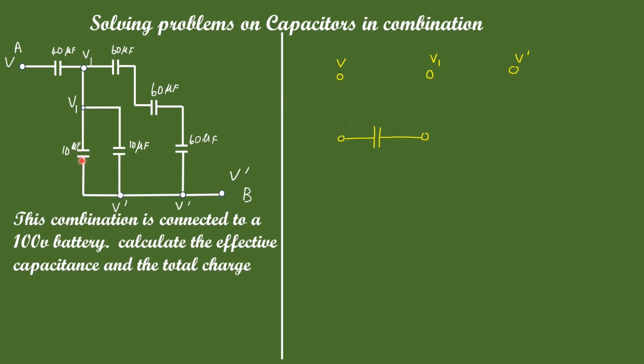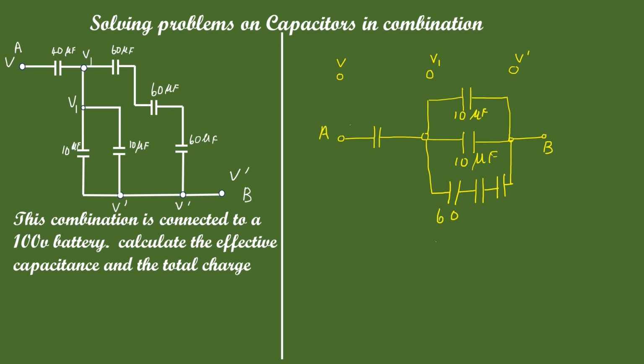We will first represent these two capacitors, 10 microfarad each. That is done now. See that? In the third path between V1 and V dash, there are three capacitors of capacitance 60 microfarad each. We will represent that. We will also mark points A and B and note the capacitance.